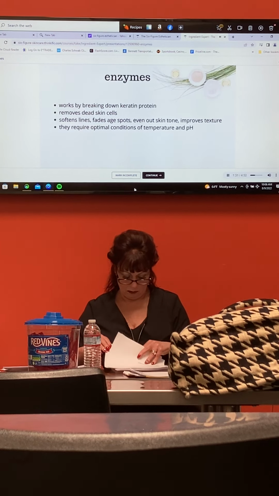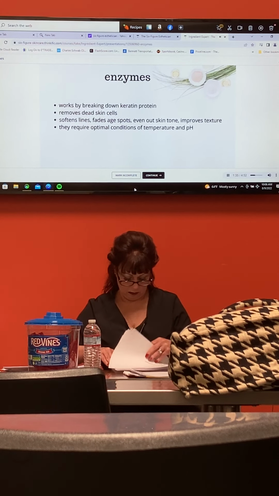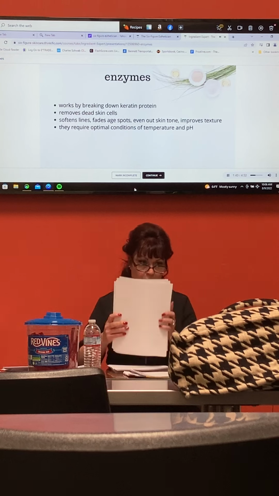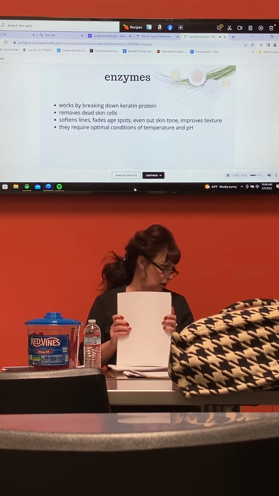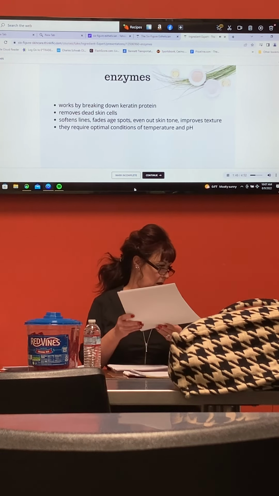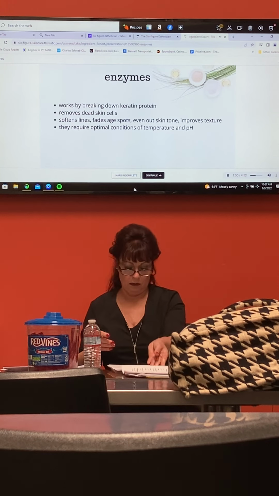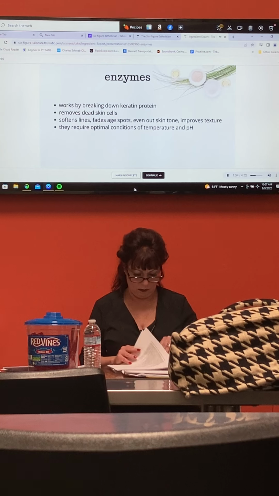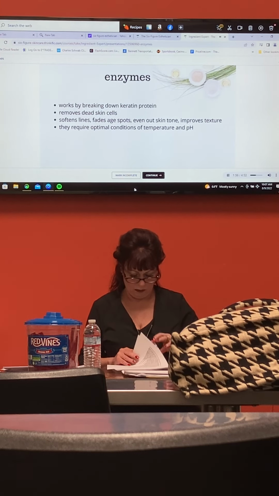Going back to the skin science, the upper layer of the skin is mostly made, as we know, of dead skin cells containing keratin protein. So what the enzyme does is it works by specifically breaking down that keratin protein, which results in a smoother texture of the skin. Look for fruit enzymes like papaya, pineapple, blueberry, cherry, cranberry.